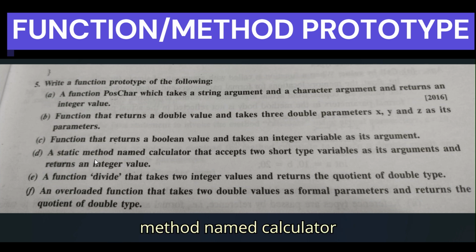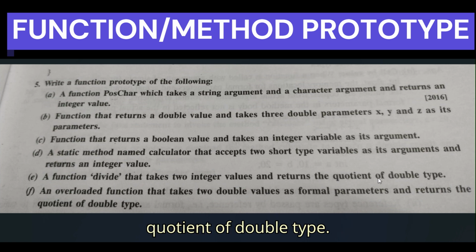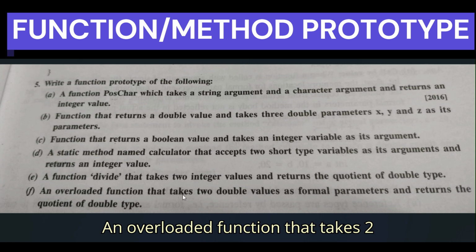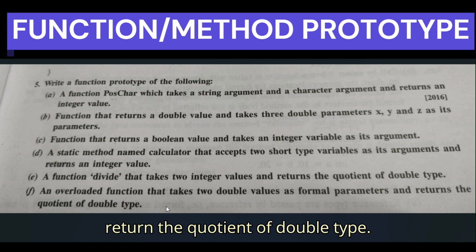Fifth, a function divide that takes two integer values and returns the quotient of double type. Sixth, an overloaded function that takes two double values as formal parameters and returns the quotient of double type.